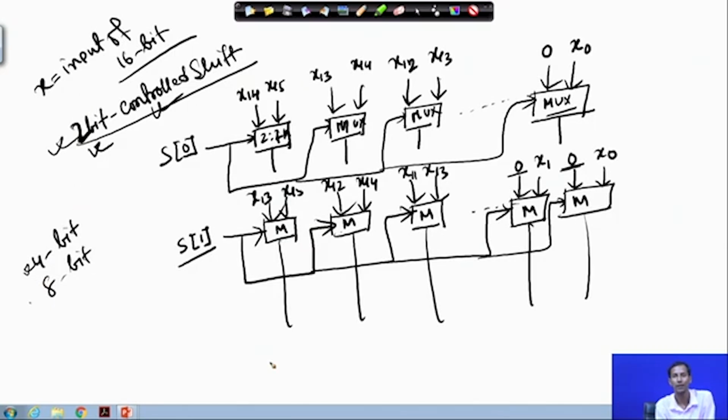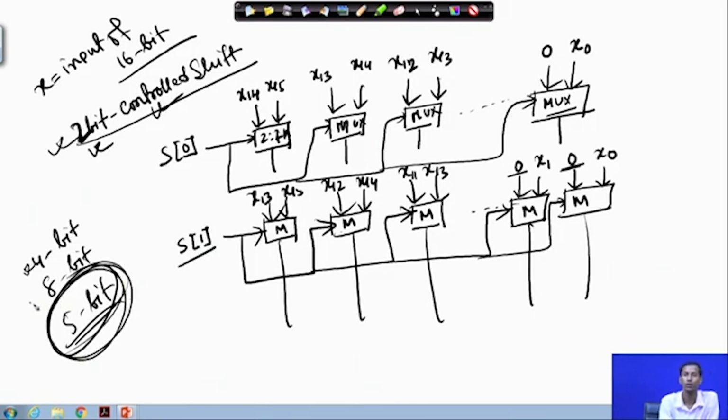If I need, let us consider 5 bit, at that time how can I do it? If I implement it in a structured way, I can do it for any value of this control shift operation. How can we do that?